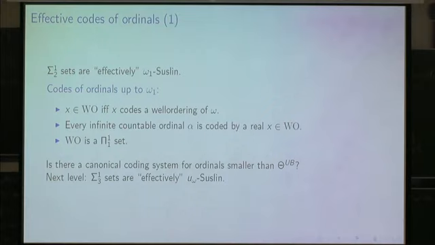The next level is the Sigma^1_3 sets, and assuming large cardinals, in this case sharps for reals, they are effectively u_omega-Suslin, where this is the omega-th uniform indiscernible.